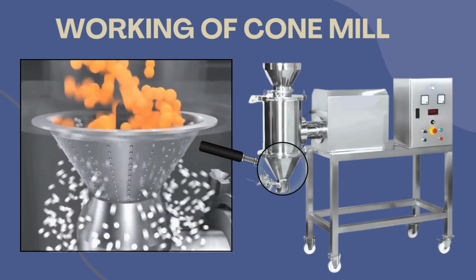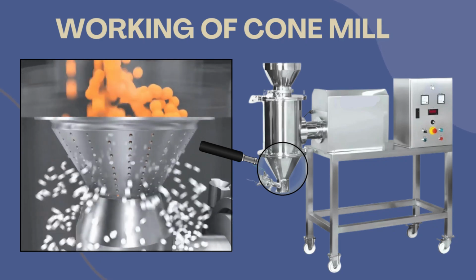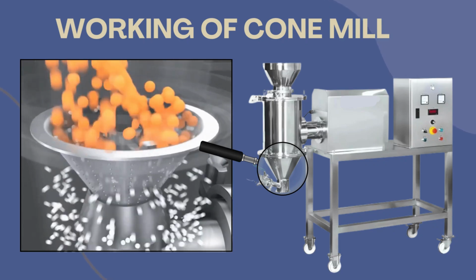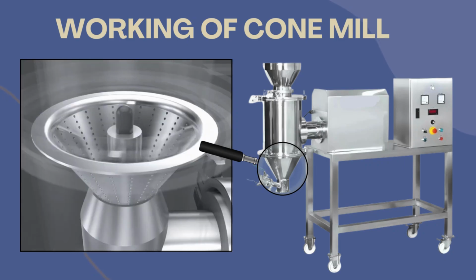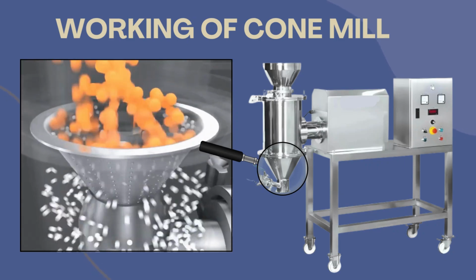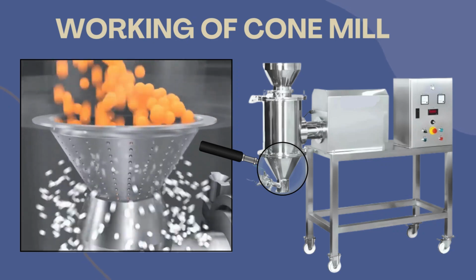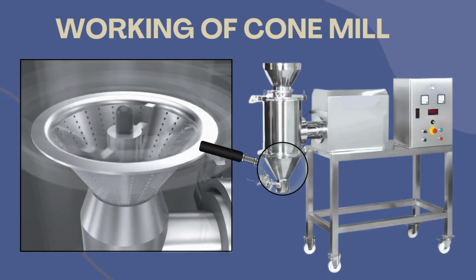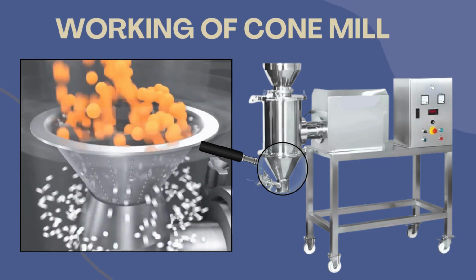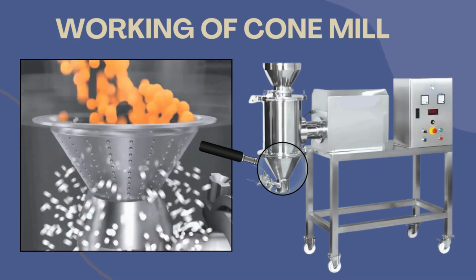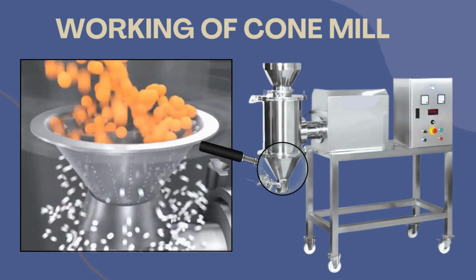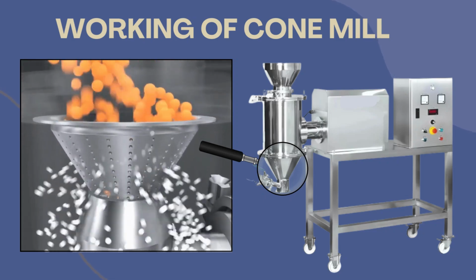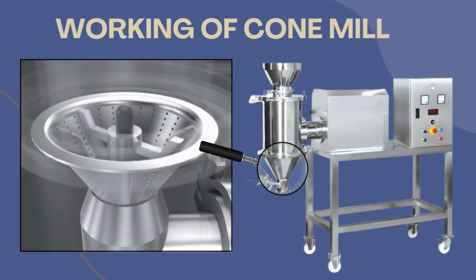The particles are reduced in size by a combination of shear, impact and centrifugal force, which ensures uniform particle size reduction. If a particle is too large to pass through the screen, it remains in the grinding chamber, where it is continuously hit by the rotor until it reaches the desired size. This continuous action ensures a consistent product size with minimal variations.